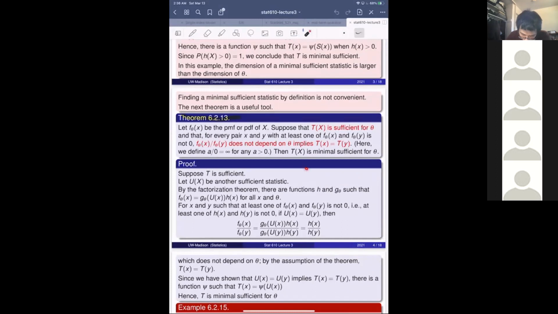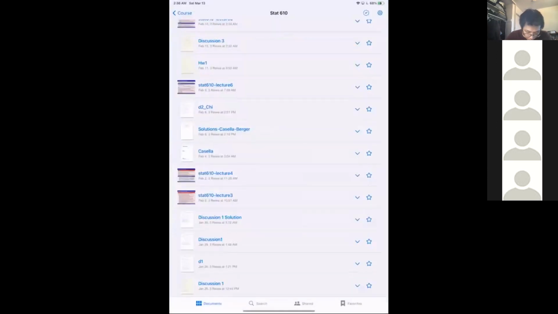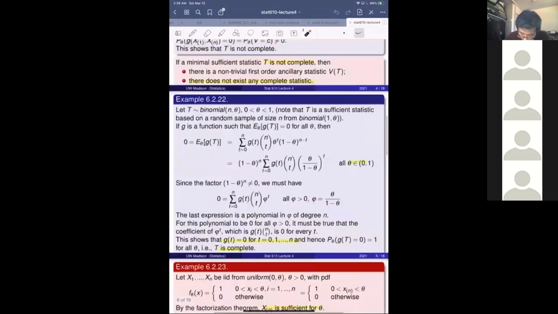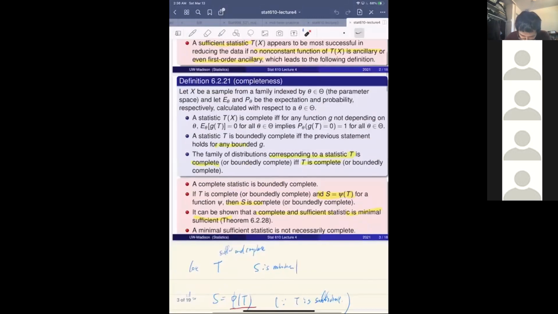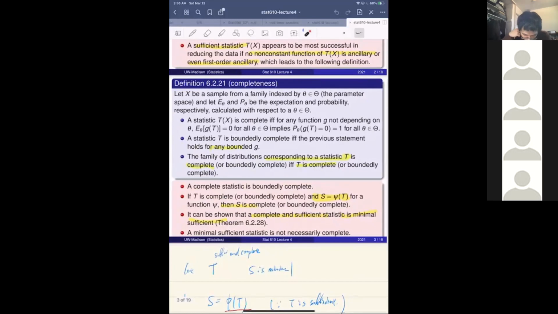The function of a complete statistic is also complete.